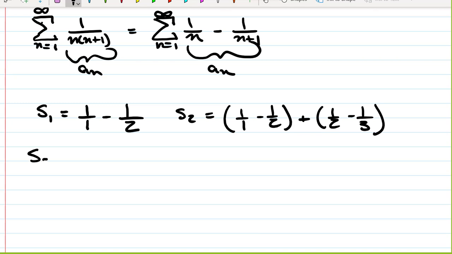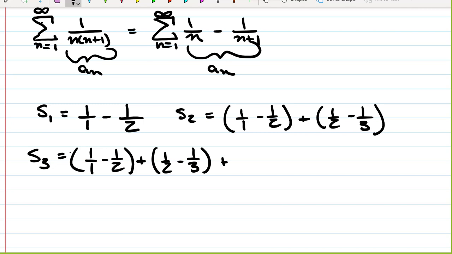And my S sub 3 would be 1 over 1 minus 1 over 2 plus 1 over 2 minus 1 over 3 plus 1 over 3 minus 1 over 4.